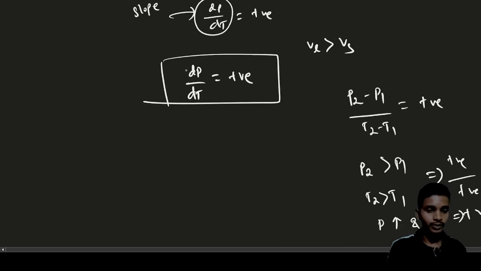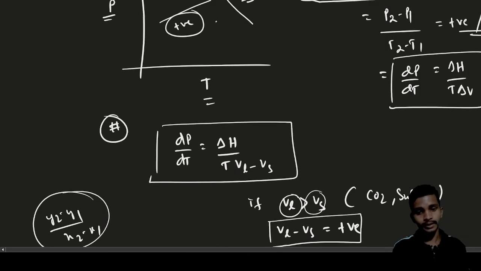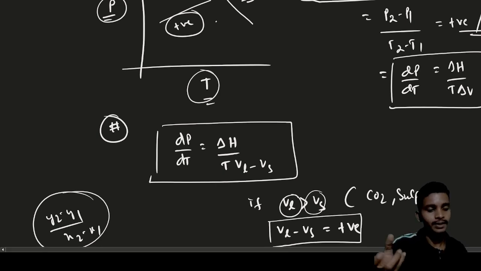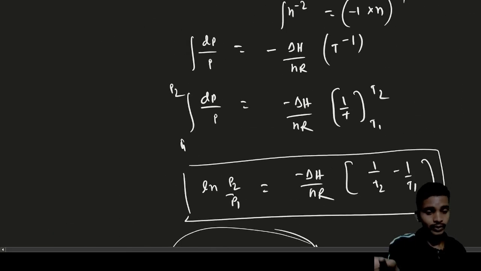So the slope is positive, because dp by dt represents the slope, since here the y-axis is taken as P and the x-axis is taken as T. So slope is y2 minus y1 divided by x2 minus x1. So those are the applications of the Clausius-Clapeyron equation.